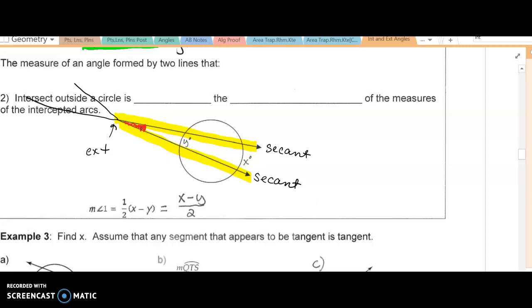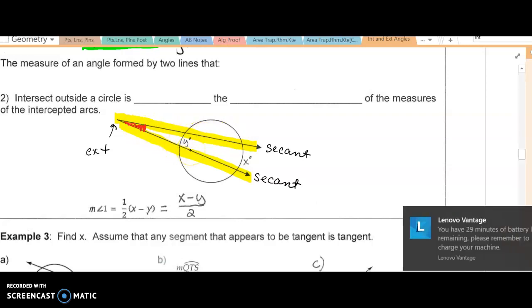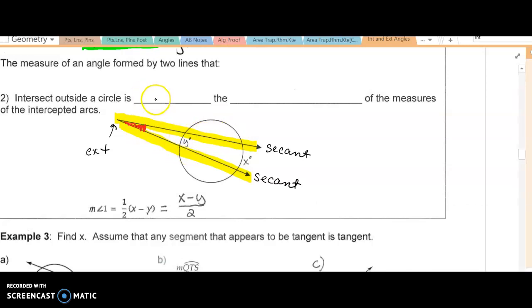So if two lines intersect outside the circle, then the angle formed by where those two lines intersect is half of the difference of the measures of the intercepted arcs.